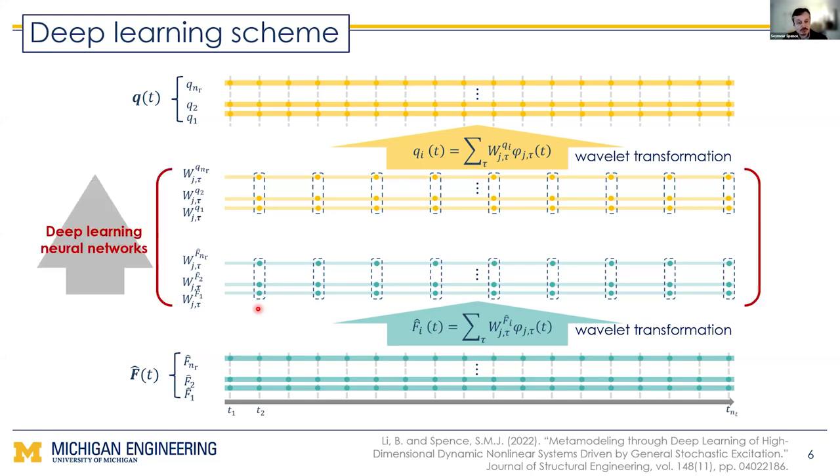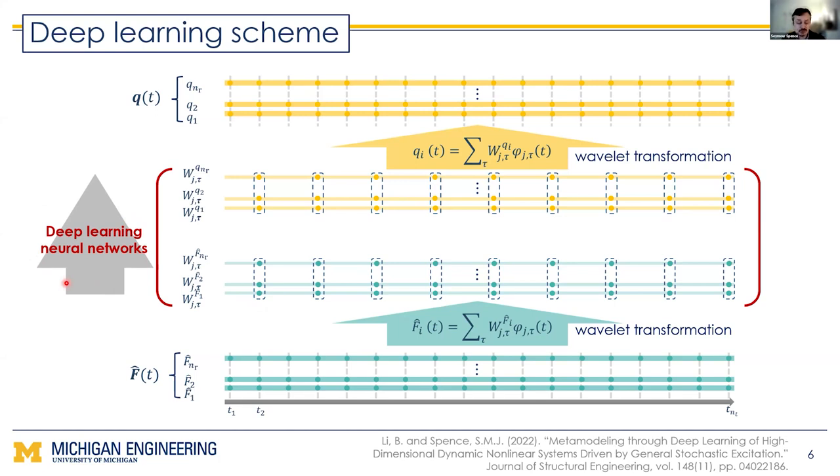So once you've transformed your reduced input and your reduced output into sequences of wavelet coefficients, the problem becomes one of learning the relationship between the wavelet coefficients associated with the reduced input and those associated with the reduced output. And here, once again, we want to use deep learning neural networks.